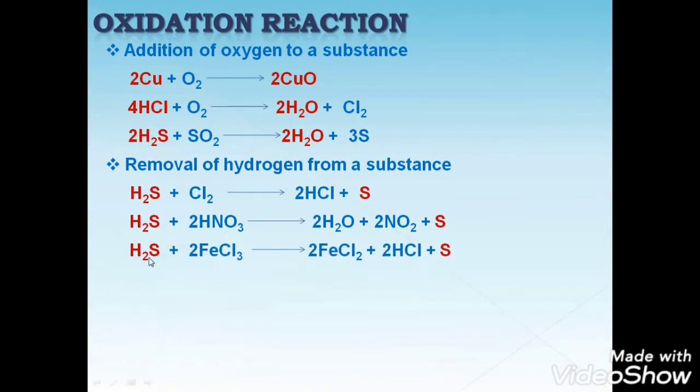Here again we have one more equation for the same, hydrogen sulfide reacting with iron 3 chloride to form iron 2 chloride, hydrochloric acid and sulfur. Here again hydrogen sulfide loses hydrogen to form sulfur. So in all these cases there is removal of hydrogen. Whenever there is removal of hydrogen, we call it oxidation reaction.